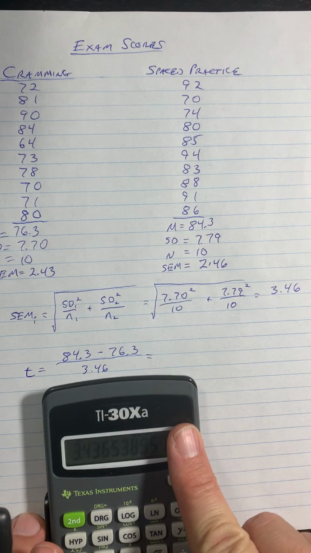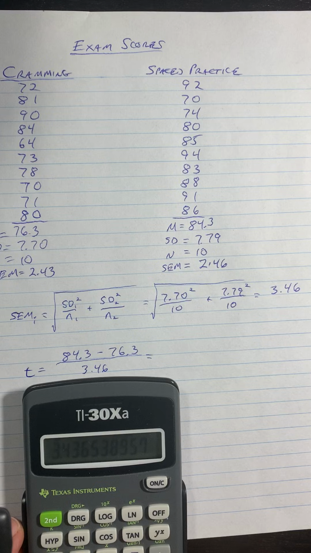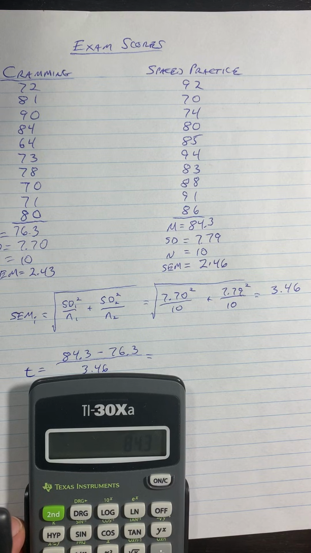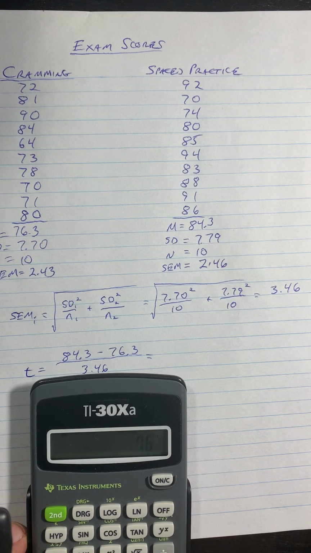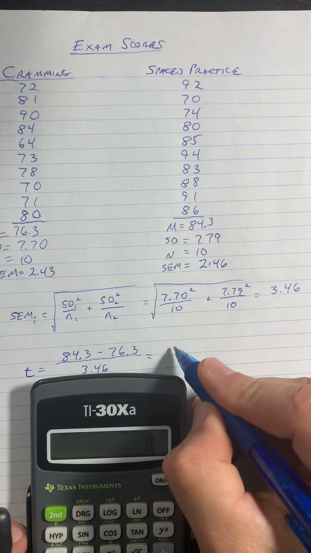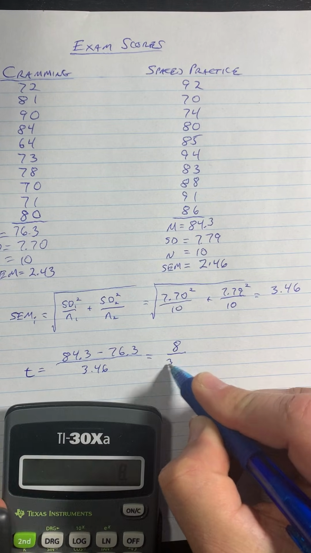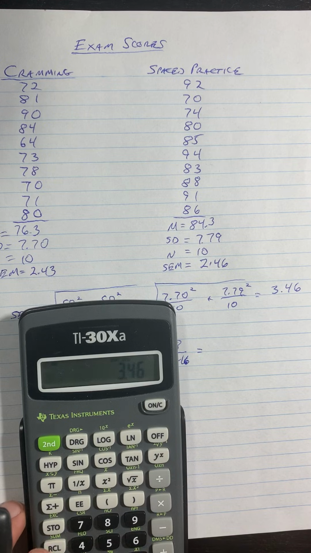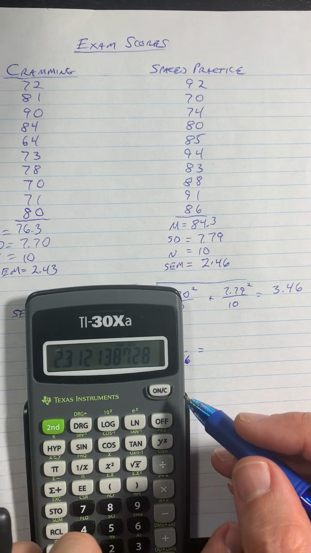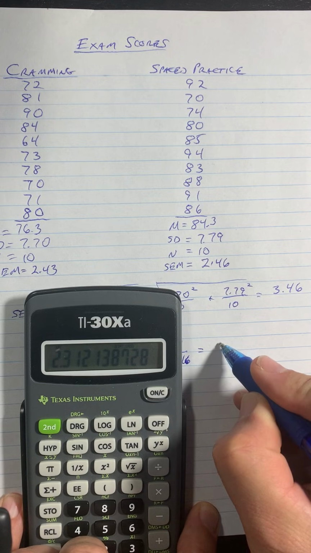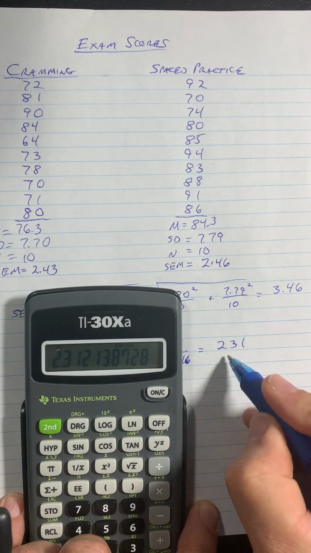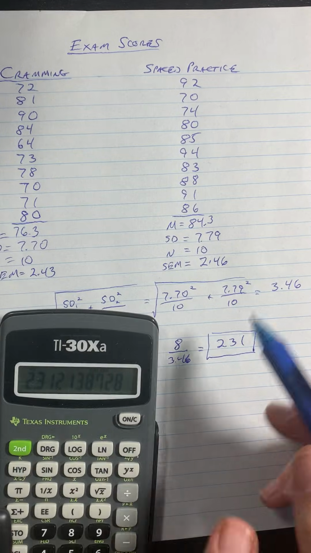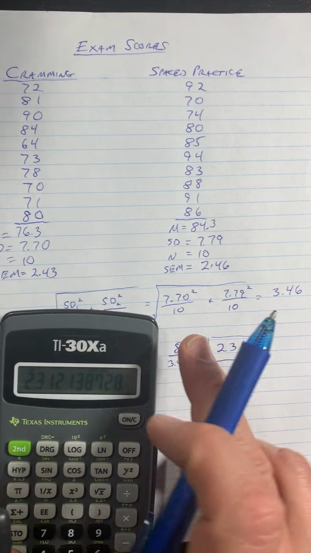So plugging our numbers in, hopefully you can see this, let me clear it all, 84.3 minus 76.3 equals 8, divided by 3.46. 8 divided by 3.46 equals 2.31. Okay, 2.31. So this is our calculated t value. Okay, the number of standard errors that these two means are apart from one another.